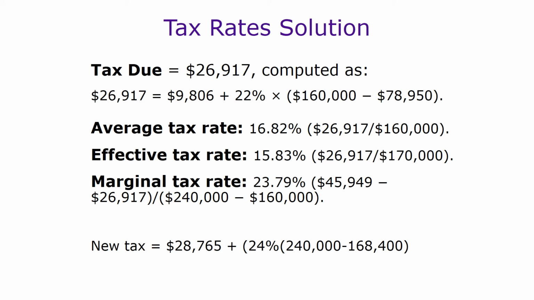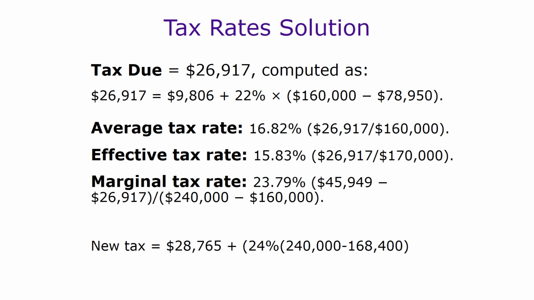So that difference is the additional tax that has to be paid because of the additional income, or $19,032. Divide that by the amount of additional income, 80,000. So if you take the 19,032 divided by 80,000, the tax rate just on that additional money is 23.79%.